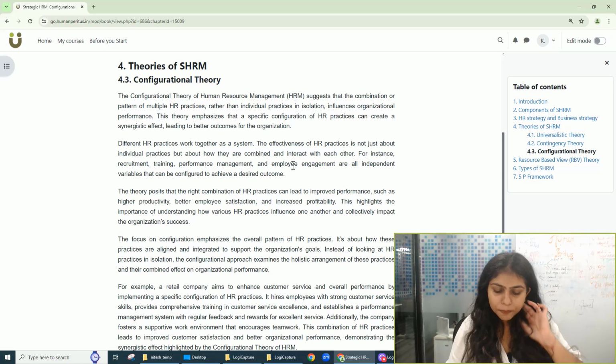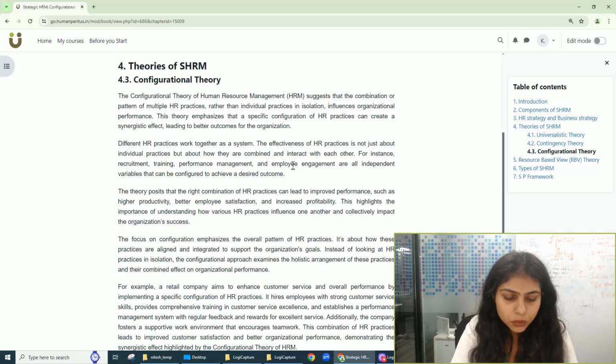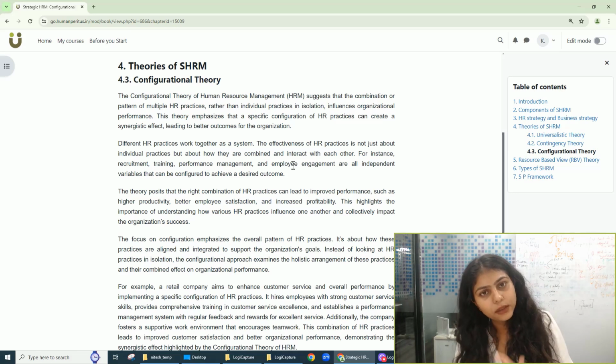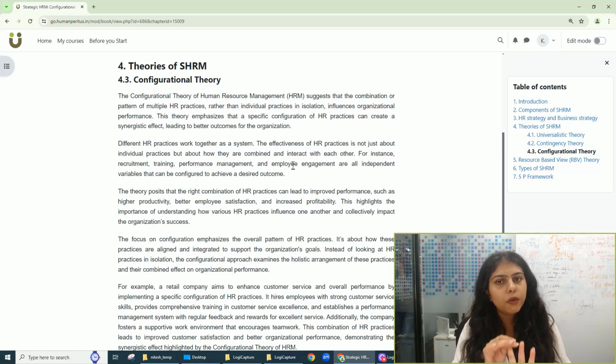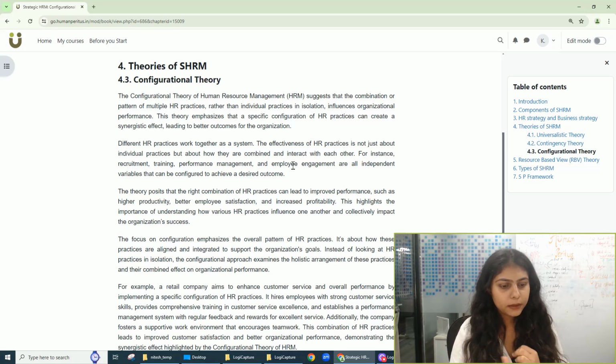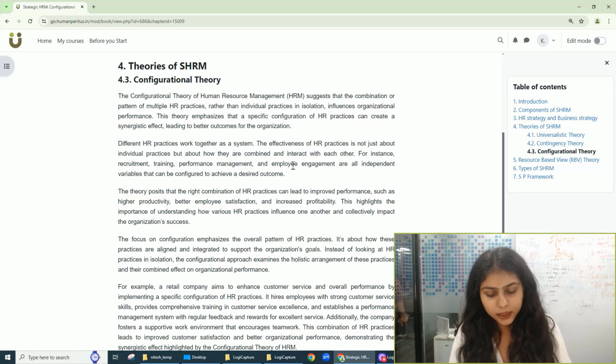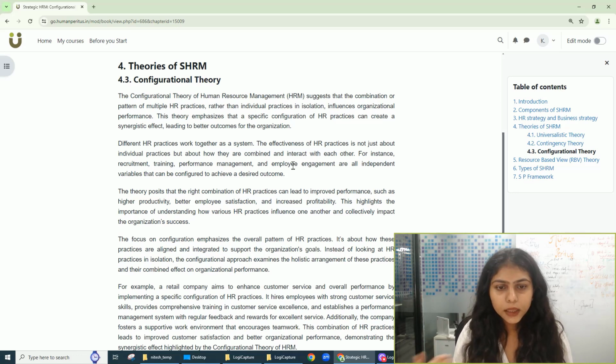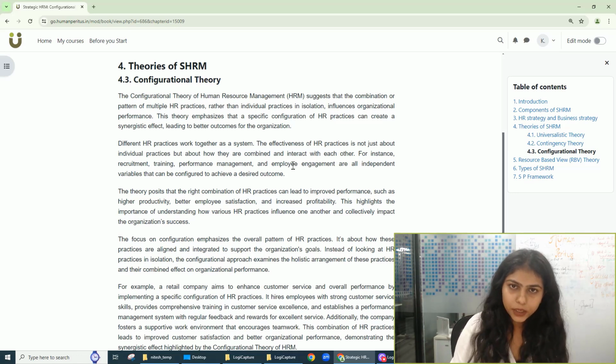So let's say you recruit people, you train them, you do performance appraisal, and on the basis of the performance appraisal you give rewards. I have included just now 4 HR practices: recruitment, training, performance appraisal and rewards. When we club these 4 HR practices together, we attain that optimal result. That is essentially what this theory says.